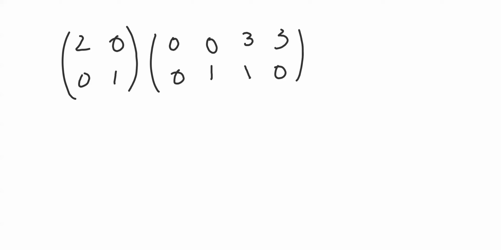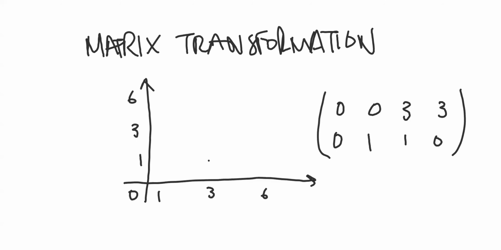So by matrix multiplication, the product that we'll get is 0 0 0 1 6 1 6 0. Now when we plot this on our graph, what we're going to get is a point that is at 6 1, which means a point that is here. So we get a point at 6 1.